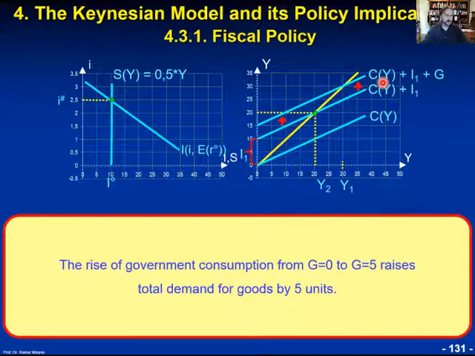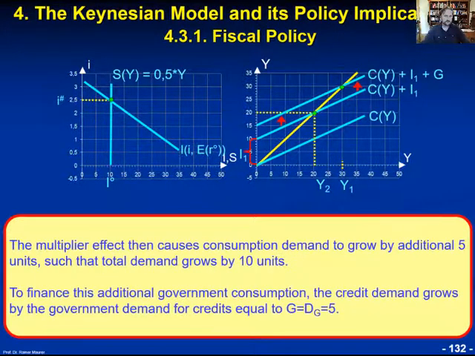Now it has 3 components: consumption of households plus investment goods demand by firms plus government consumption demand. The multiplier effect causes household consumption demand to grow by additional 5 units, such that total demand grows by 10 units. This is what happens on the market for goods.